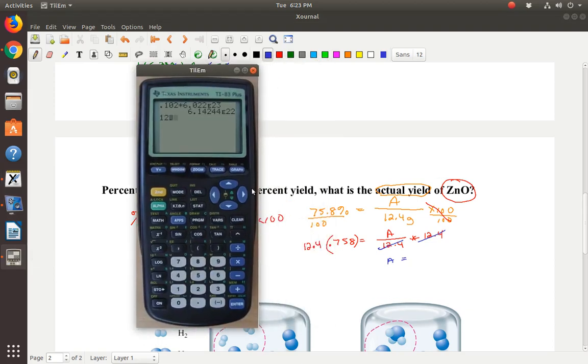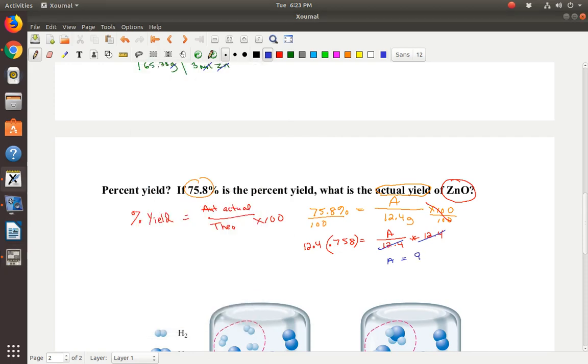All right, 12.4 times 0.758, which is 9.40 by the time I get 3 sig figs. 9.40 grams. That's the actual amount of zinc oxide. So notice I just solved for the one unknown. If I give you the percentage, you put it here.